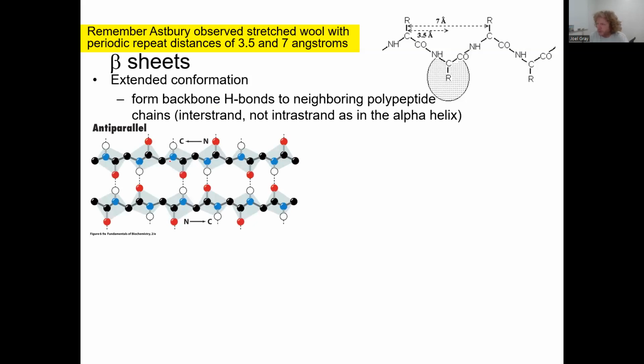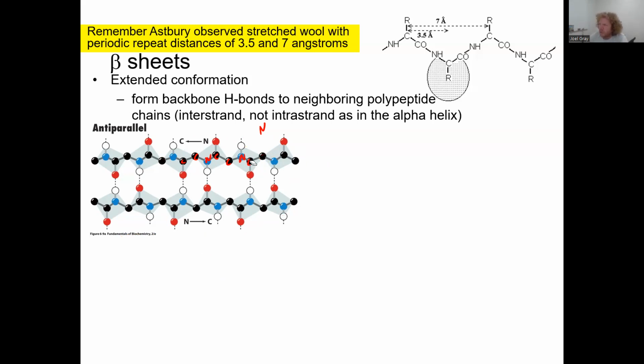Remember that what we're looking at basically is a directionality from N to C. So this blue corresponds to a nitrogen, C, C, N, C, C, N, C, C, and so on. We have a direction going in this way, and then in the opposite end, we have them going in this direction. So this is referred to as an anti-parallel strand or an anti-parallel beta sheet.